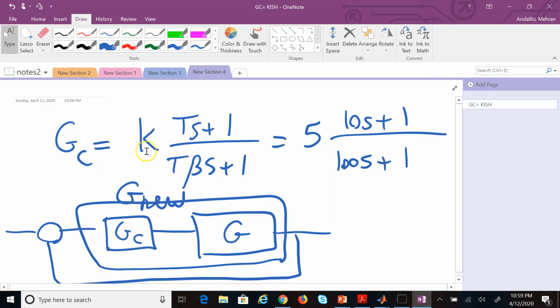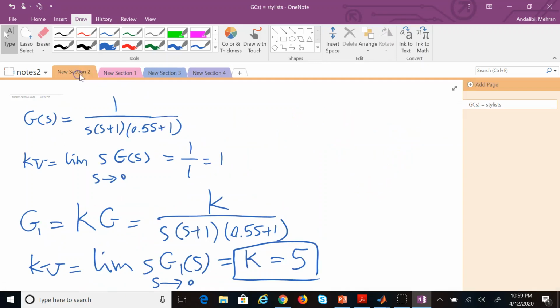And if we look at this new G, let's see if this new G has the desired phase and gain margin, right? It definitely has the Kv, because if you let S go to 0 for this system, multiplied by the original G, you clearly see it's 5. But let's look at the phase and gain margin of that. So we want to multiply this whole thing by the original G, which is this one, right?